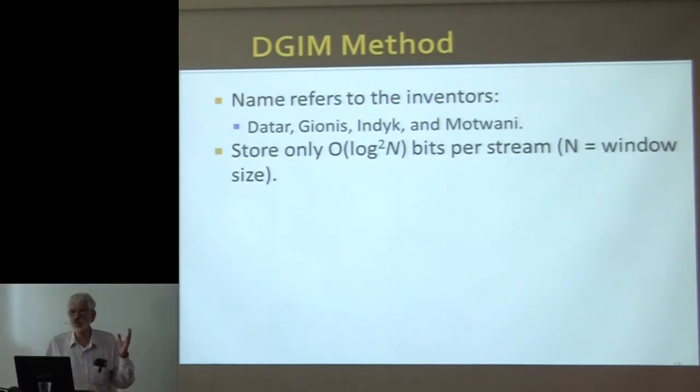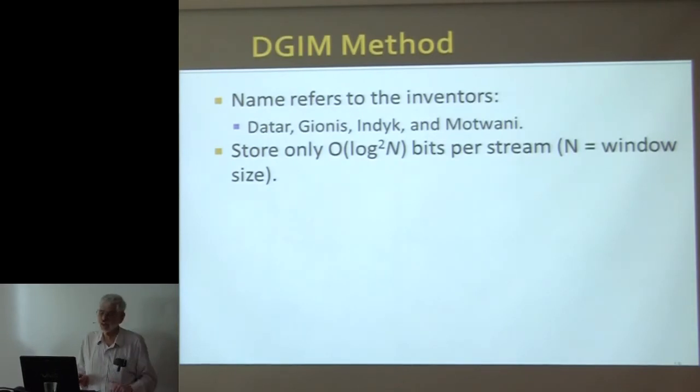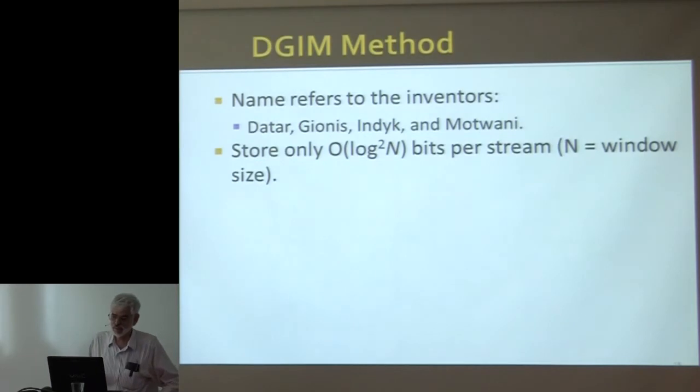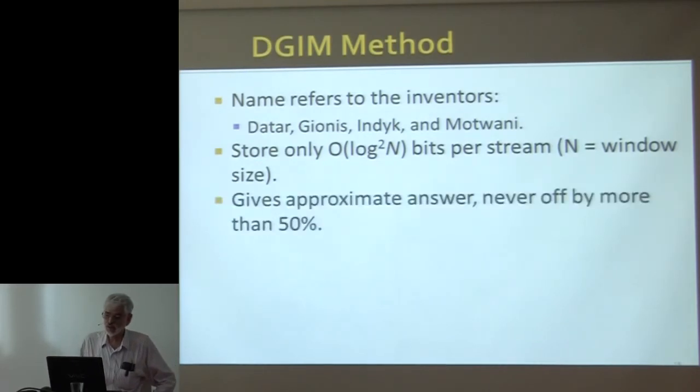If n is a billion, log base 2 of n is 30. 30 squared is 900. 900 bits is a lot better than a billion. Of course, there's a constant factor hidden by the big O, but it's still a lot better for numbers of that scale.